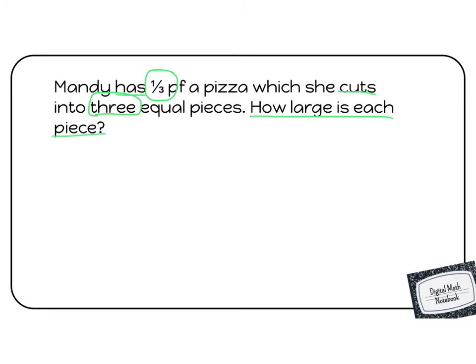Okay, so let's think about this for a second. She doesn't have a whole pizza. She has 1/3 of a pizza, like just this much. And then she's going to take her 1/3 of a pizza and cut it into even smaller pieces. So how many pieces will she have? So if I have 1/3 divided by 3, then we're going to follow our steps of keep, change, flip it upside down, which means that there's an invisible 1 here.